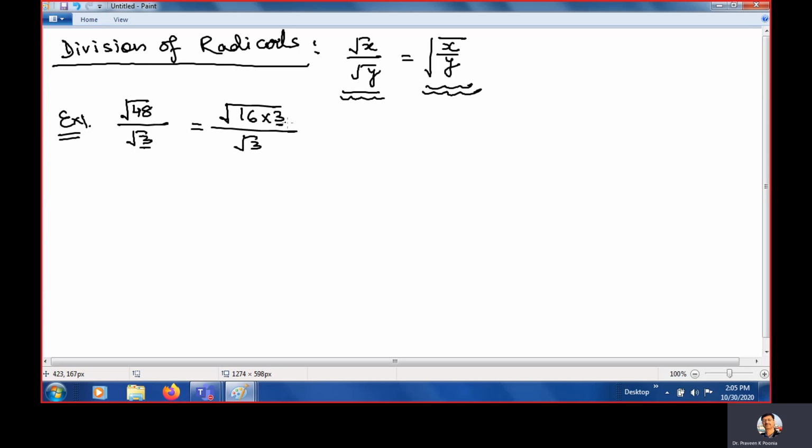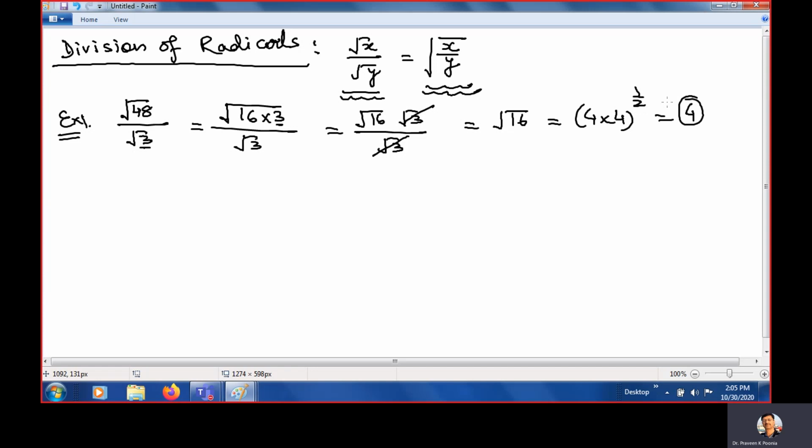So 3 is here. 16 times 3 is 48. And this can be written as root 16, root 3 upon root 3. So root 3 finished. What will we get? Root 16. And root 16 means what? Root 16 means you can write 4 times 4 to the power 1 upon 2. Only 4 will come. So 4 is the answer.